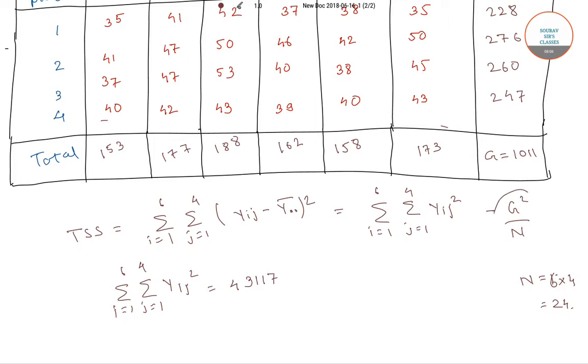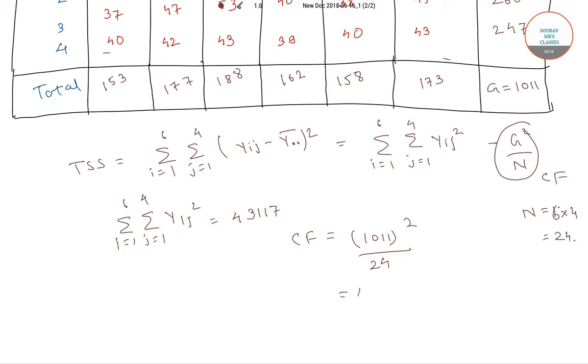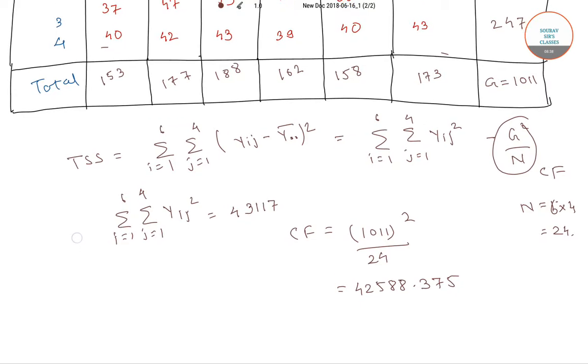And G square by N is also termed the correction factor or CF. So our CF is equal to G square, that is 1011 square, divided by N, that is 24, which is equal to 42588.375. So our correction factor is 42588.375.